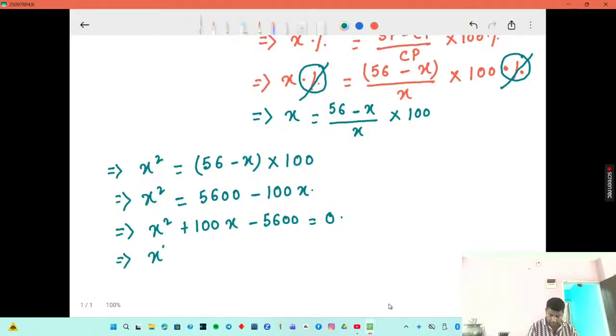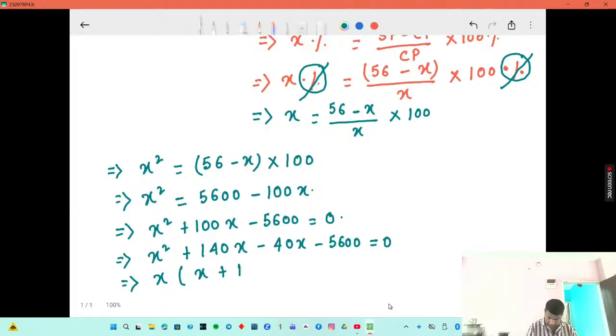So x square plus 140x minus 40x minus 5600 is equal to 0. So x into (x plus 140) minus 40 into (x plus 140).